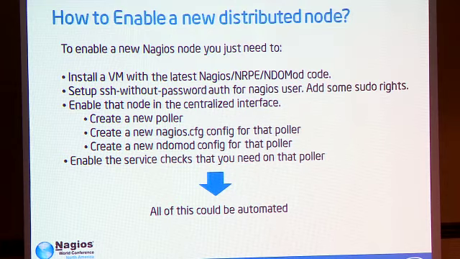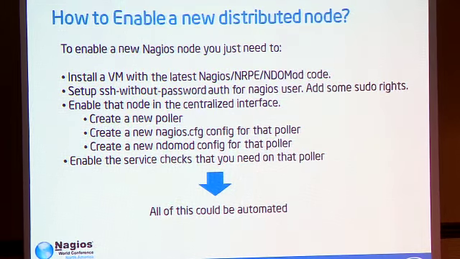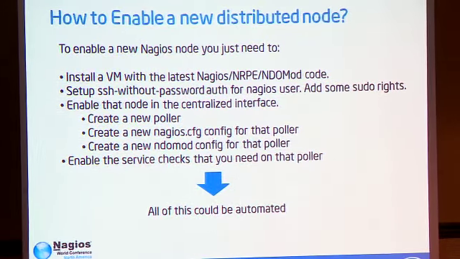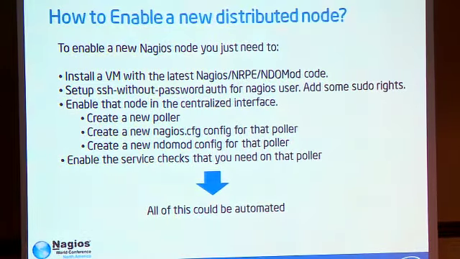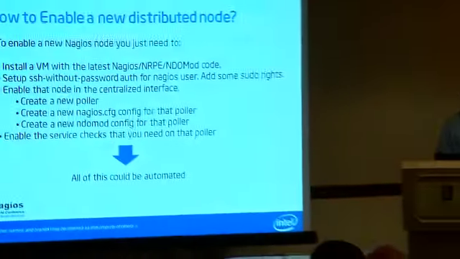How simple is it to enable a new distributed node? You just need to install. We are using VMs for all the Nagios, so you install a VM with the latest Nagios, NRPE, and NDOMod code. Just set up SSH without a password for the Nagios user and add some sudo rights so the central Nagios can restart the remote Nagios.